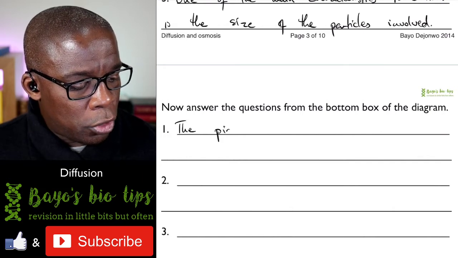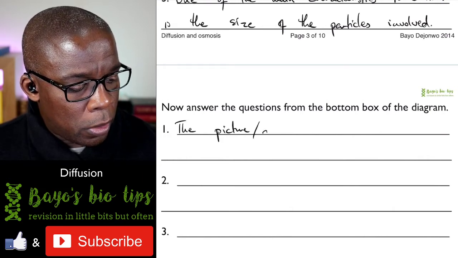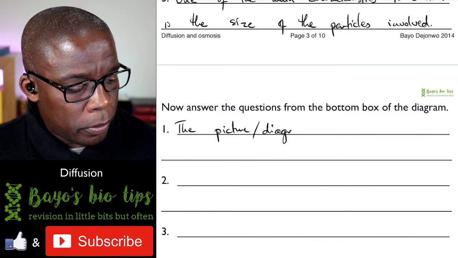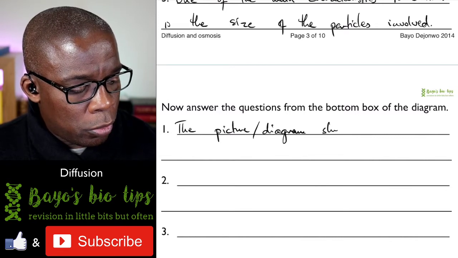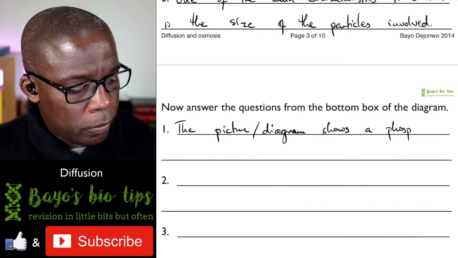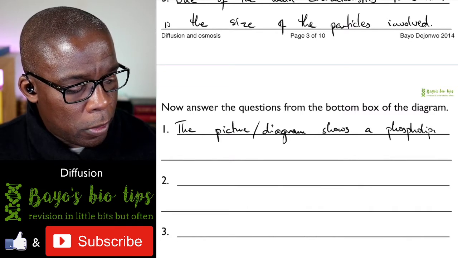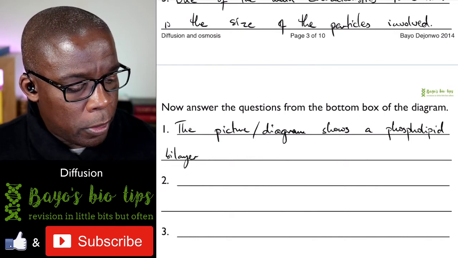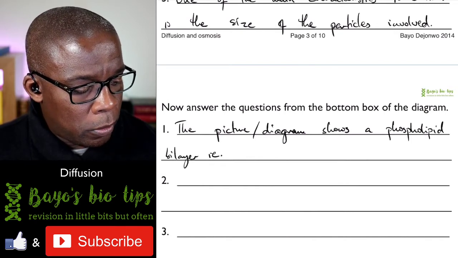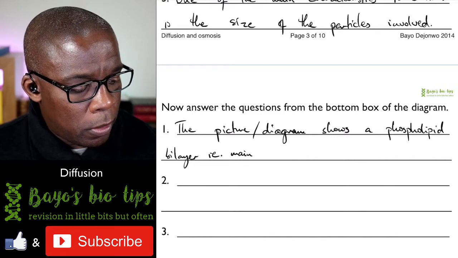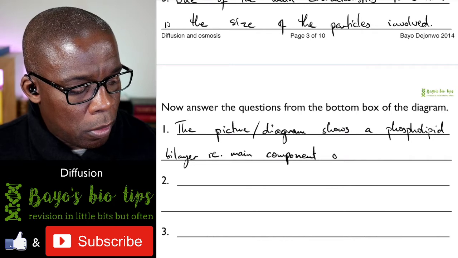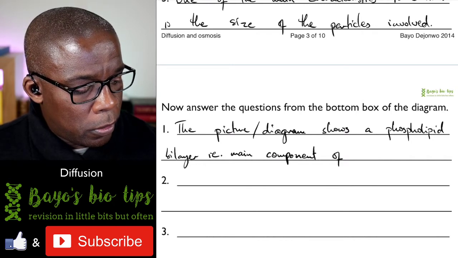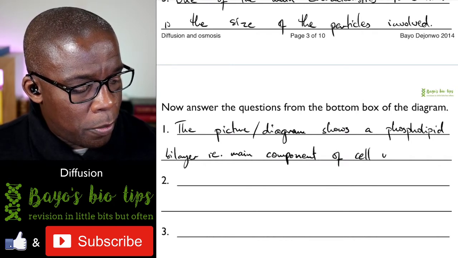So the picture or diagram shows a phospholipid bilayer. And that's a component, in fact the main component of cell membranes.